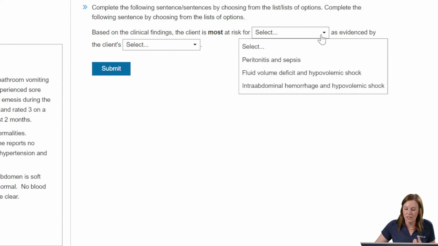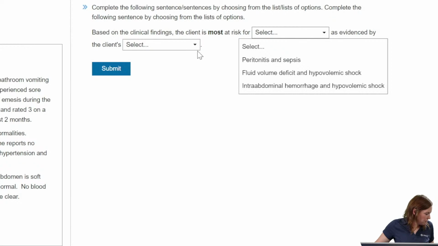Again, what we're looking for in that first drop-down is peritonitis and sepsis, fluid volume deficit and hypovolemic shock, and intra-abdominal hemorrhage and hypovolemic shock. Let me see what you guys are saying. Yes, a lot of right answers. Good job.